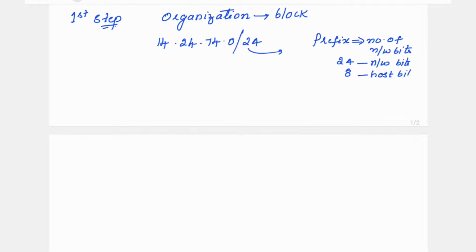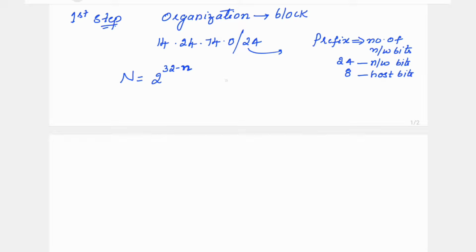Rather than analyzing in this manner every time, you make use of a formula wherein you can directly obtain the number of hosts or IP addresses this block will have. To denote the number of IP addresses, you use uppercase N. So N equals 2 to the power of 32 minus n. This is the formula. And what is n indicating? n indicates the prefix length, here 24.